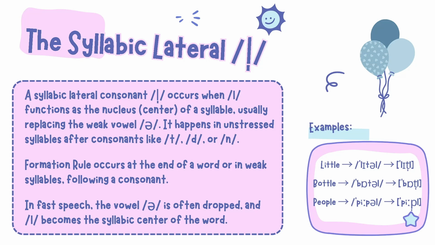Formation rule: it occurs at the end of a word or in a weak syllable following a consonant. In fast speech, the vowel schwa is often dropped and l becomes the syllabic center of the word.